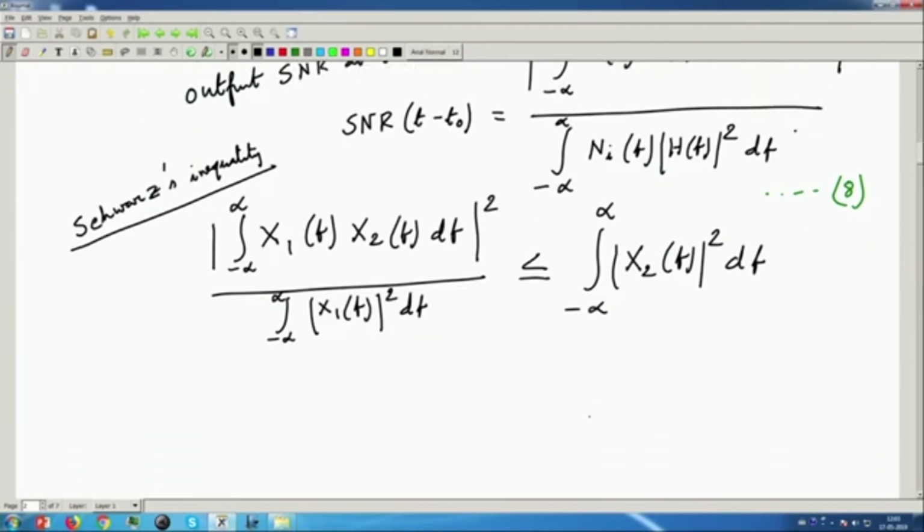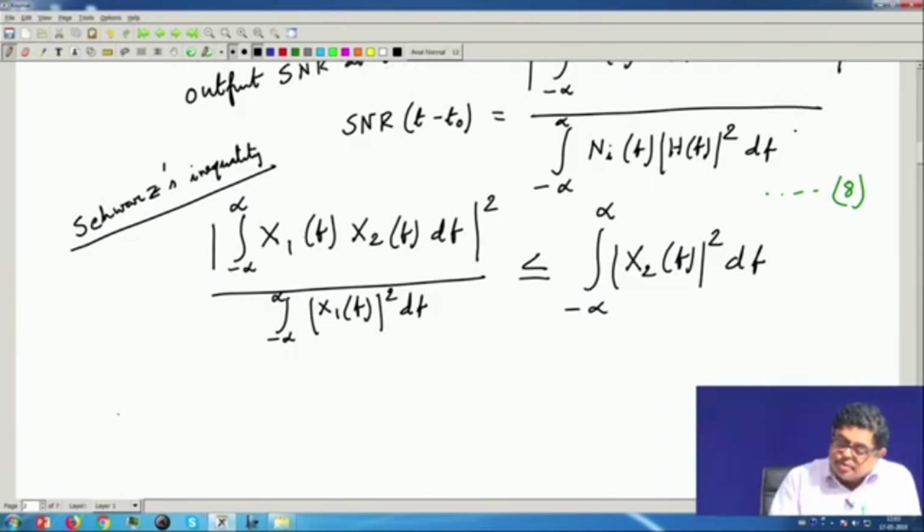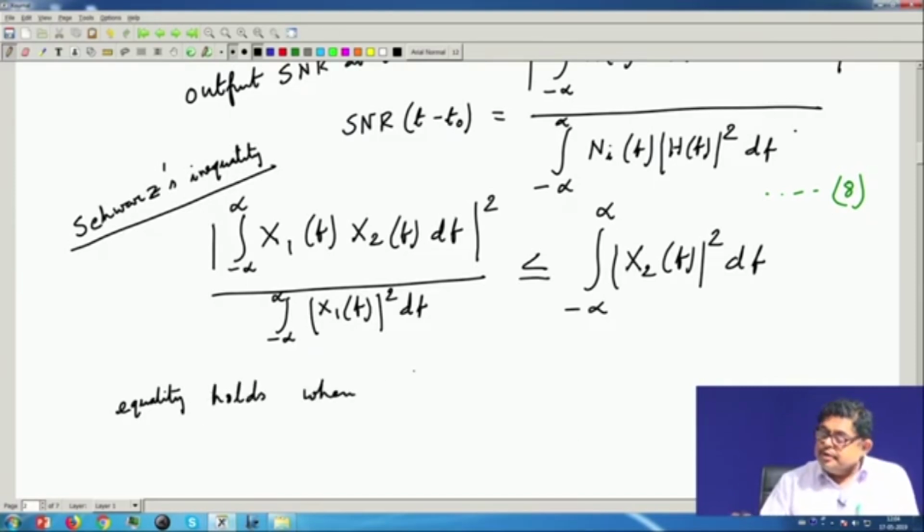Always this ratio is less than the right hand side, so equality holds when x1 and x2 are related by a constant.